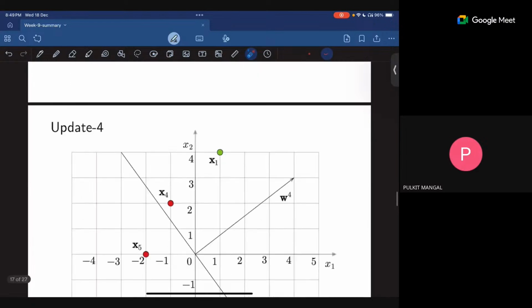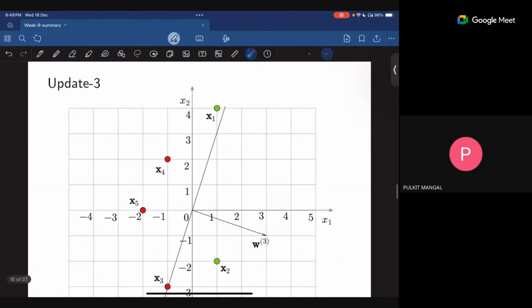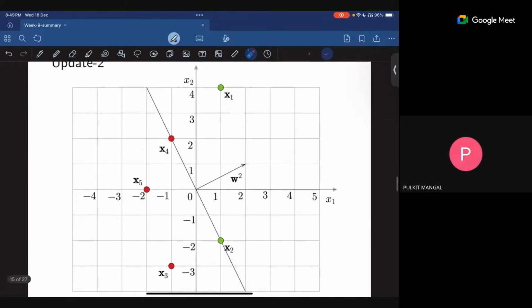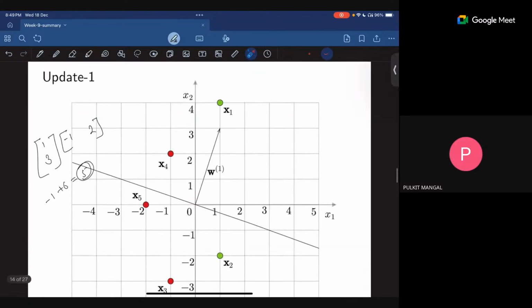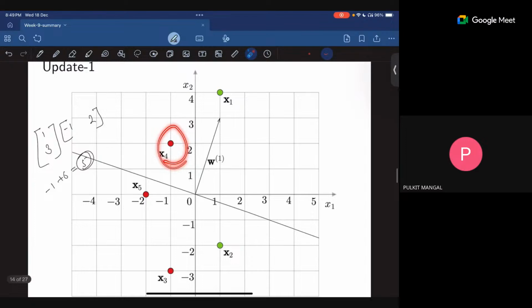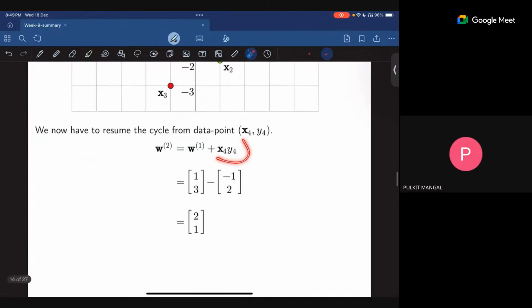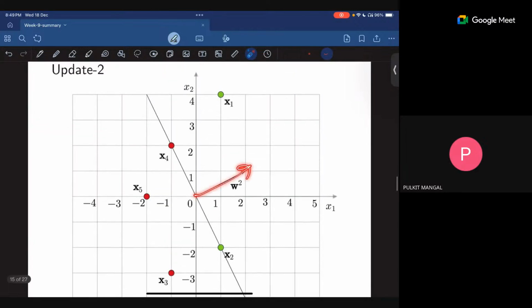We have seen that here somewhere. Here x4 was the mistake in this weight vector, so we use x4 to update the weight vector. But the new weight vector is still misclassifying x4. So this was the second observation.